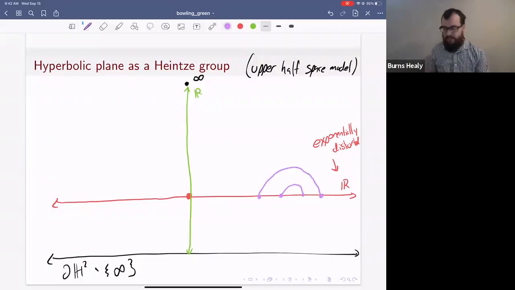So this is definitely not geodesically embedded. But the green R is. This is, in fact, a geodesically embedded copy of R. Geodesics connecting points on this green copy of R are, in fact, just lying on this R.